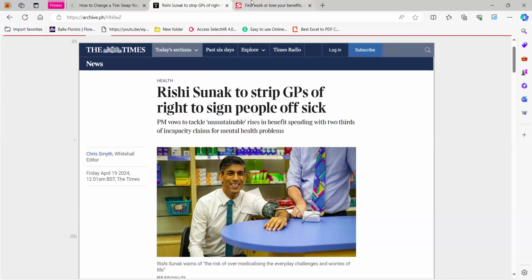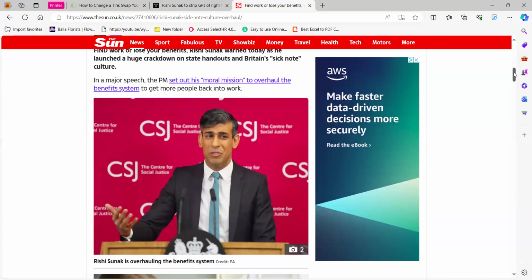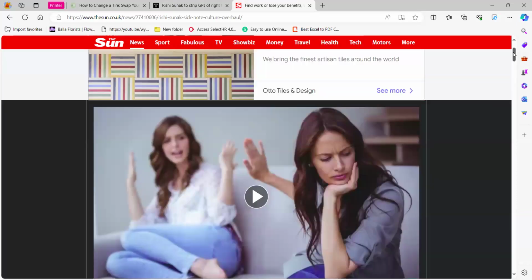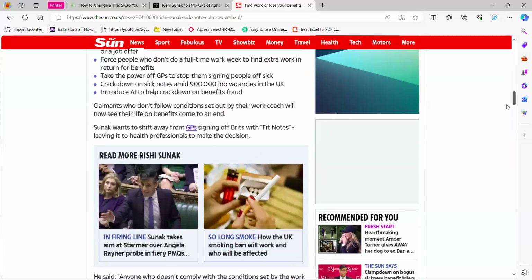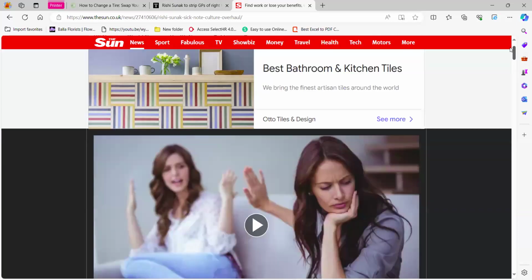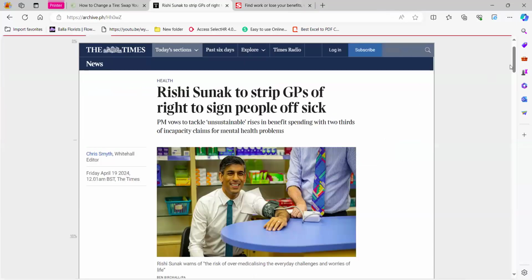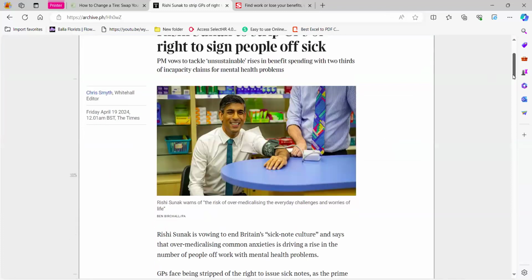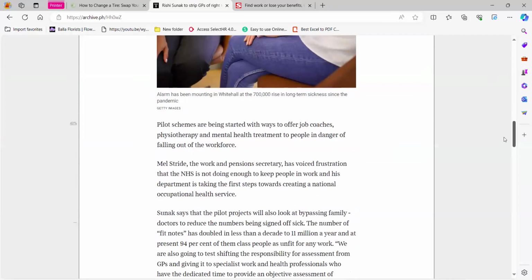On the Sun, we've got all of those pictures. It's a bit tricky here with all the adverts, but if you look, we've got the big picture at the top. We have lots of pictures in this article, I think there are four. In this one, we've just got a smaller image, though it's still quite big, and there is another one lower down.